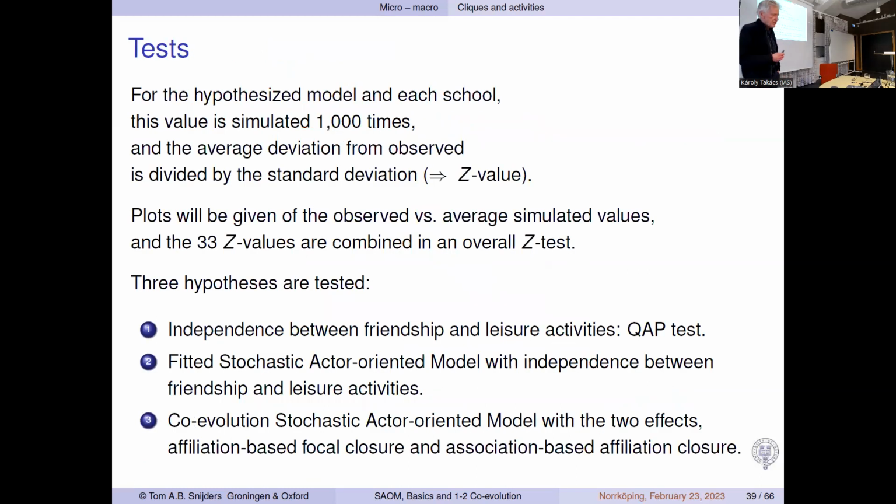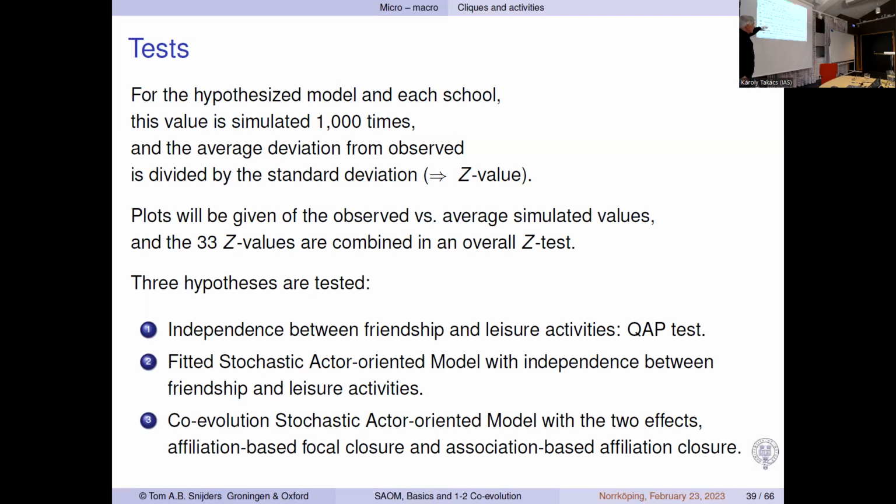And I will have 3 tests. First, I will use a permutation test, a QAP test, that's based on permuting the friendship network with respect to the 2-mode network. So it's not a process model, but just a cross-sectional test. And then I will be fitting 2 process models, co-evolution models.